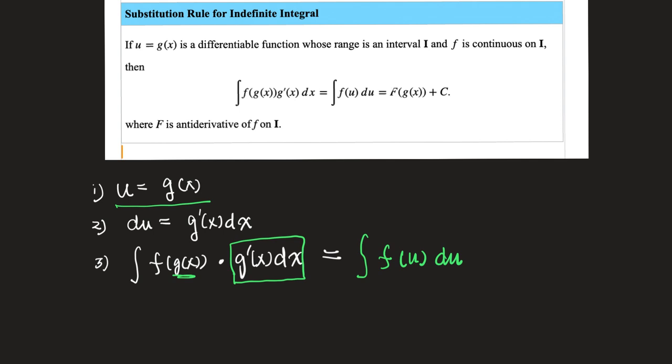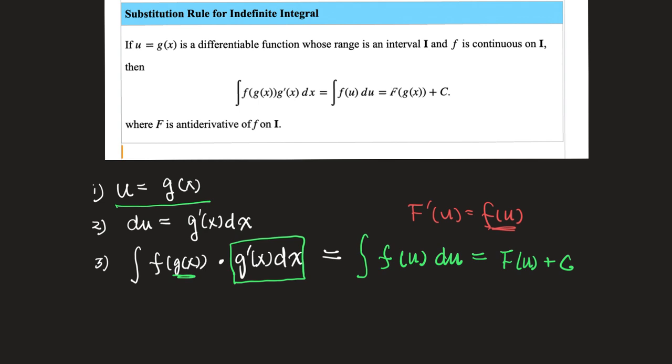So the integral of f of u du. Now when you use this, if you can find the antiderivative, then you did the right thing. You find the antiderivative of f, F of u plus c. Another way to see the relation between the two functions, guys, remember that F prime of u is f of u, so F of u is the antiderivative of f of u.